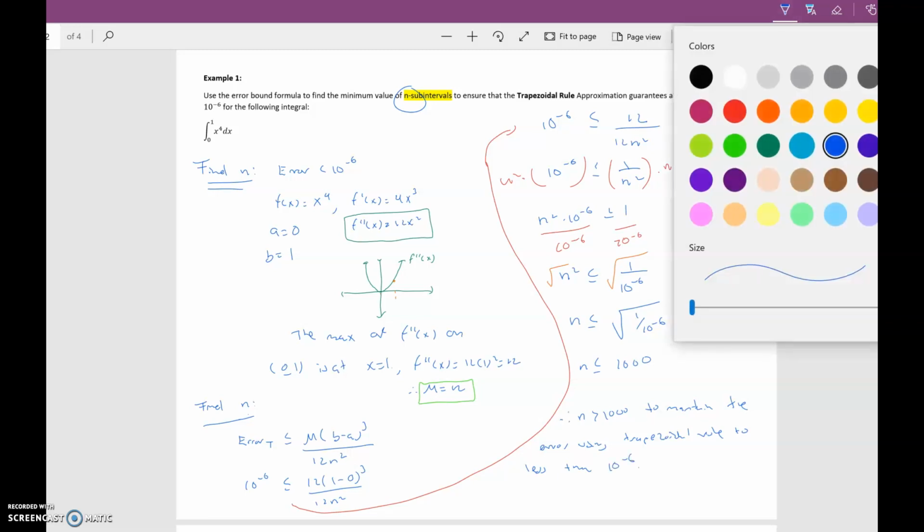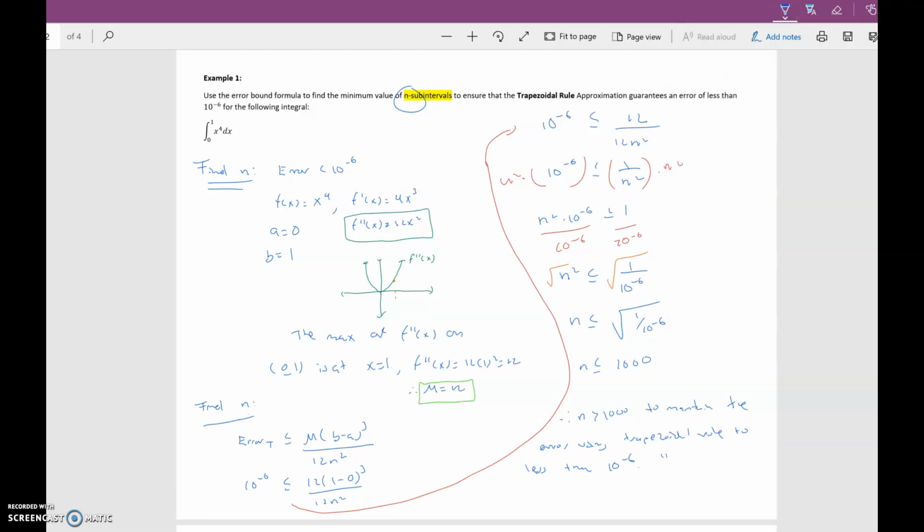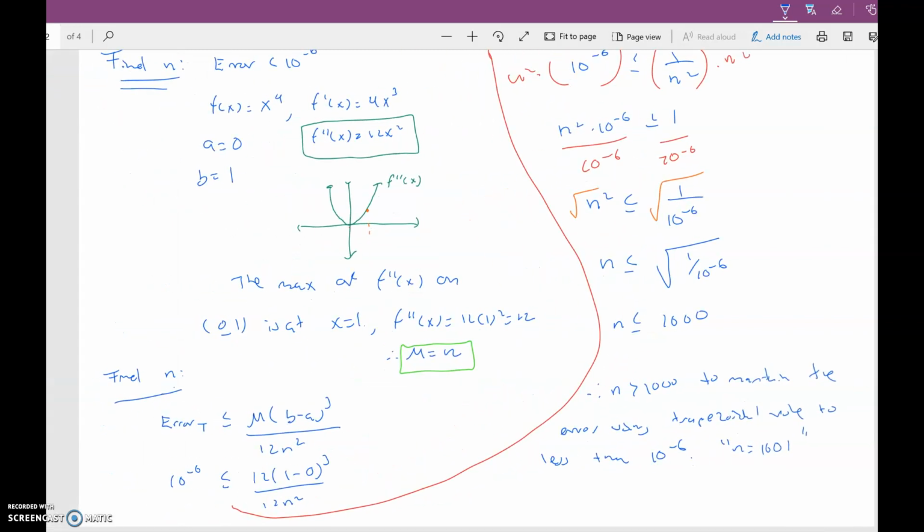So for this statement, we may say n has to be greater than or equal to 1,001, since you're trying to find a bound for the error.